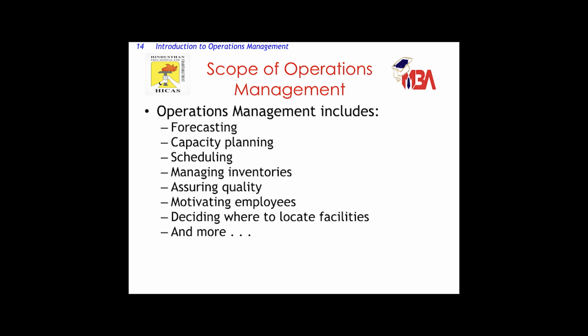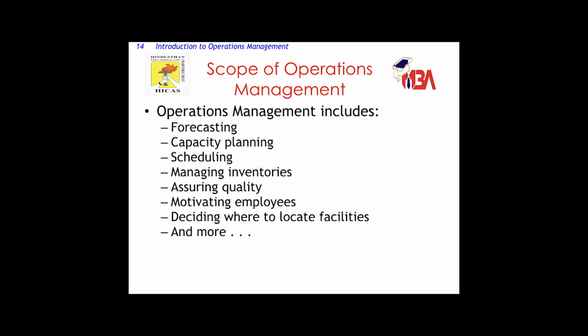I have to motivate employees to ensure that they are contributing their best. Their efficiency is high, only then my cost of production comes down. And I have to provide incentives to them so that I am able to retain them. So, all these things come under the scope of operations management. If you're going to be an operations manager tomorrow, you are going to come across all these decisions.